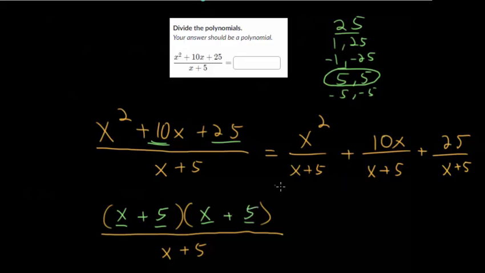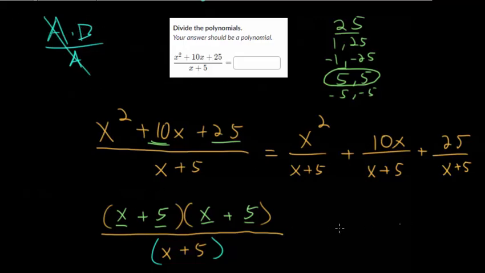And we ended up getting what we wanted, since we have an x plus 5, or actually two of them up top, and we have an x plus 5 down below. It's essentially the idea that if you had a times b divided by a, no matter what a is, you can make this cancellation because you're multiplying here.